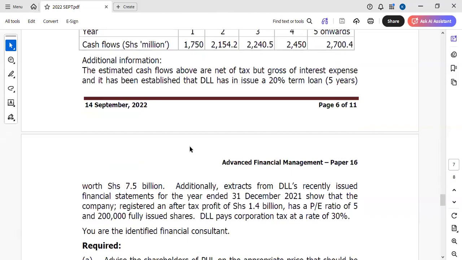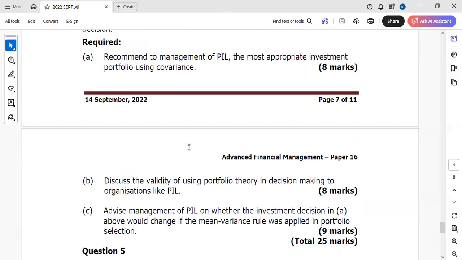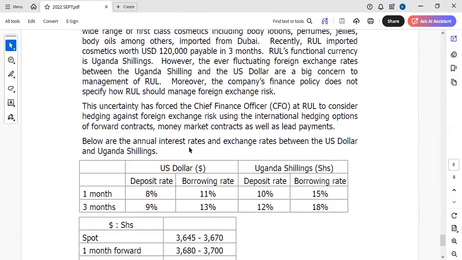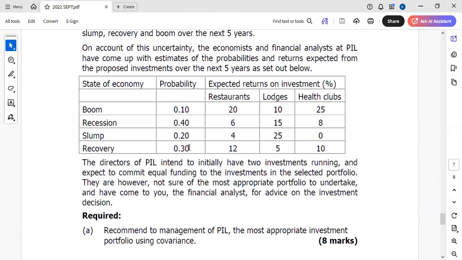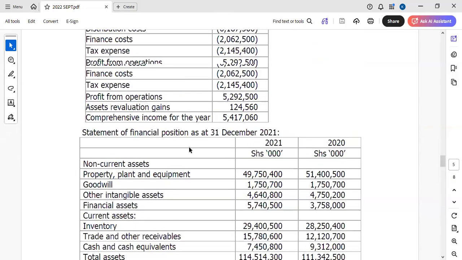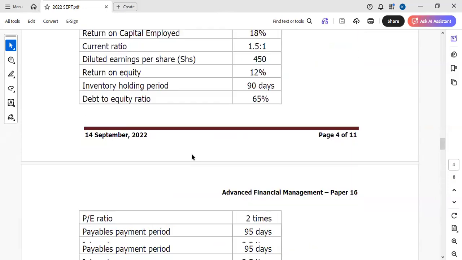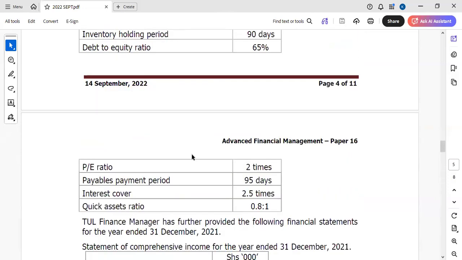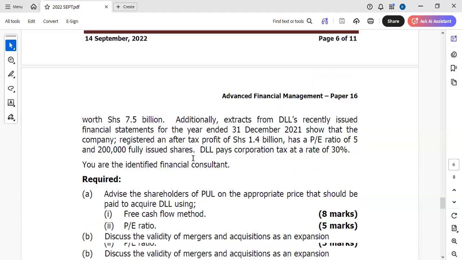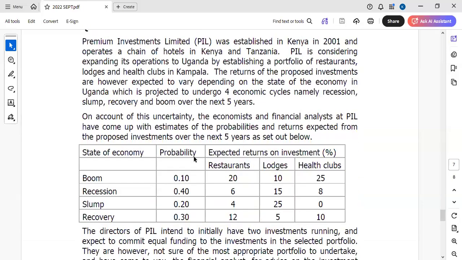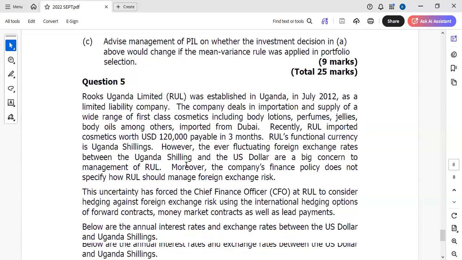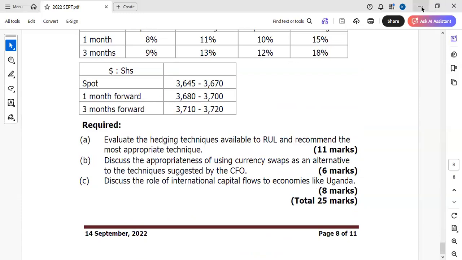Okay, so here you have, what was the question? Have you seen the question? This one doesn't have a yield. Okay, I think I included it because of that part.